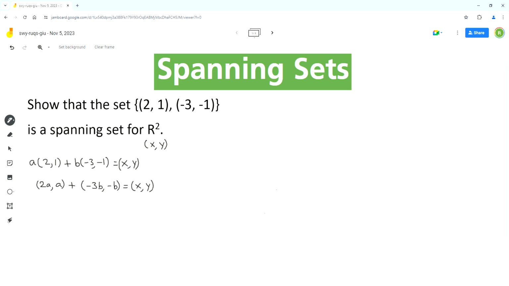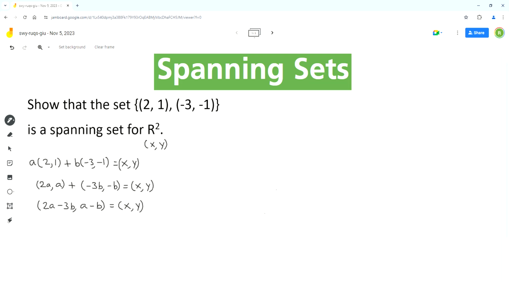So we can add their x components and y components. Now these two vectors will be equal to each other if their x components and y components are equal to each other. So we'll make an equation using the x components and the other equation using the y components.